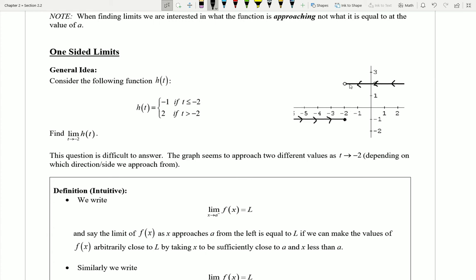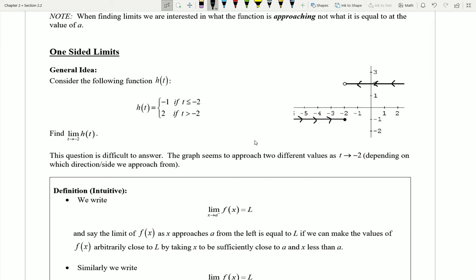Well, then the y-coordinate I'd be moving closer towards is, I guess, +2. So notice here, when I move from both directions, I don't end up with a single answer. If I come at this from one side or the other side, I get different answers.